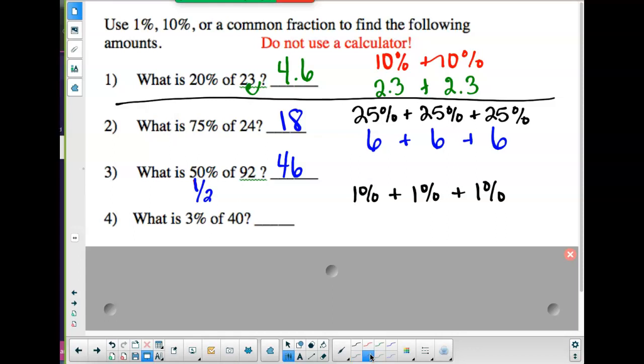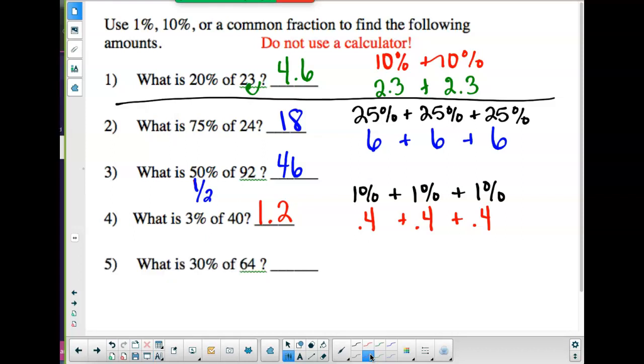So 1% is 0.4. 0.4 plus 0.4 plus 0.4 is 1.2. Nice job.